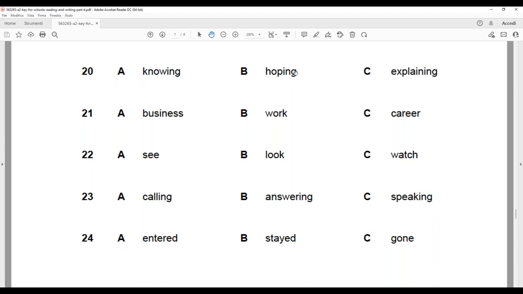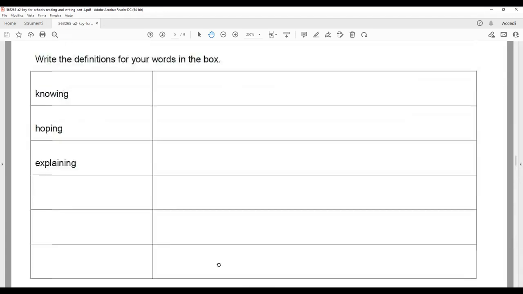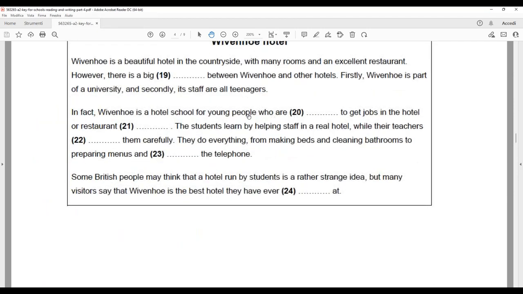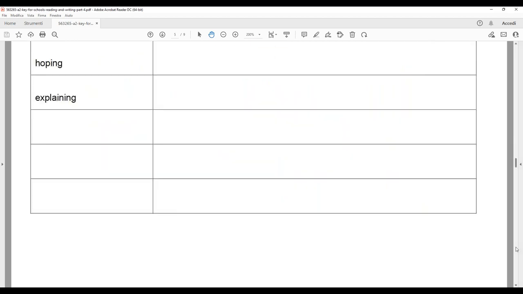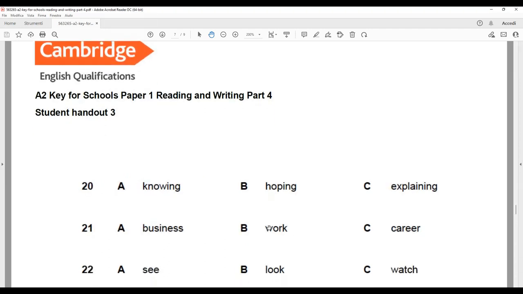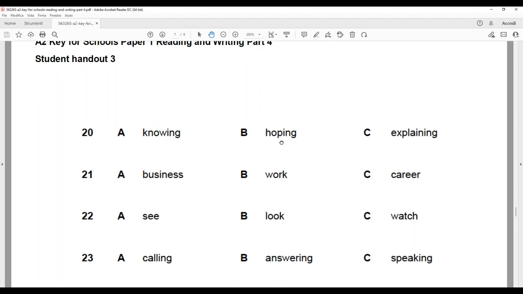So number 20, knowing, hoping, explaining. I think that we suggested going, right? Oh, yeah, but going was not on the list. So what about hoping?